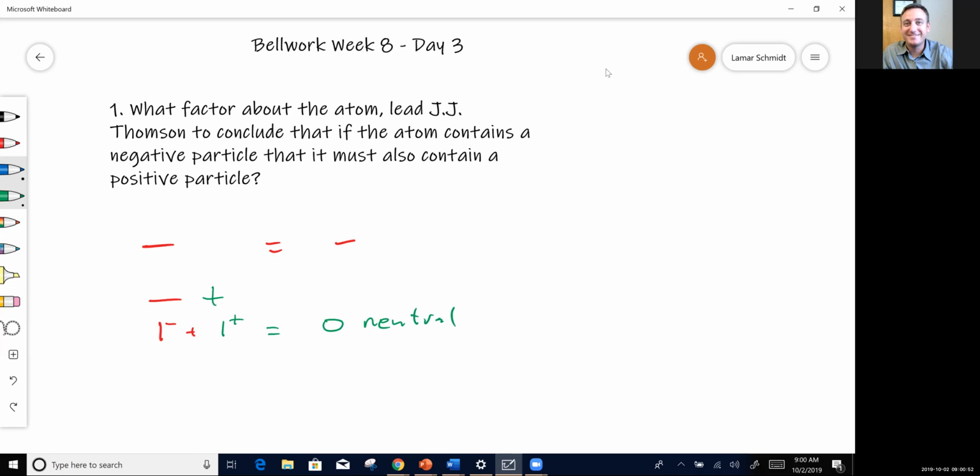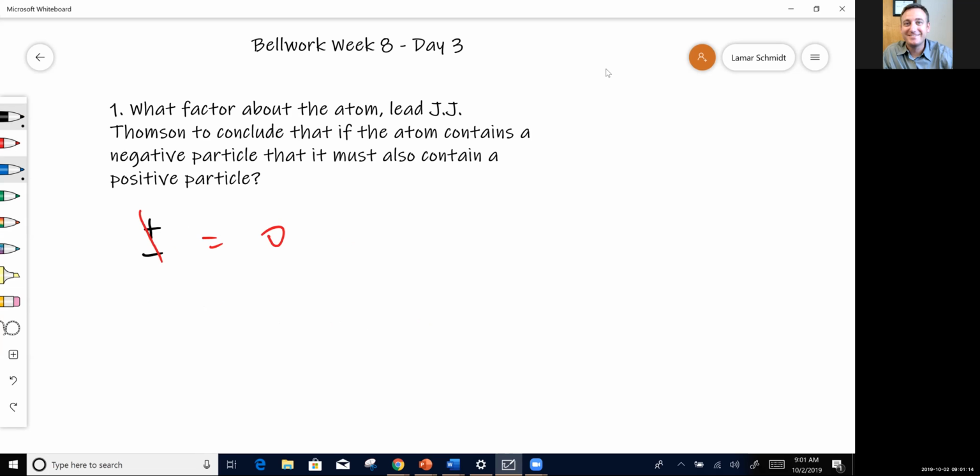So if you have something negative, there must be something positive so that the overall charge is 0, and he knew the overall charge was 0. And so anytime you have a plus and a negative, they are going to cancel each other out, and so you will have a charge of 0.